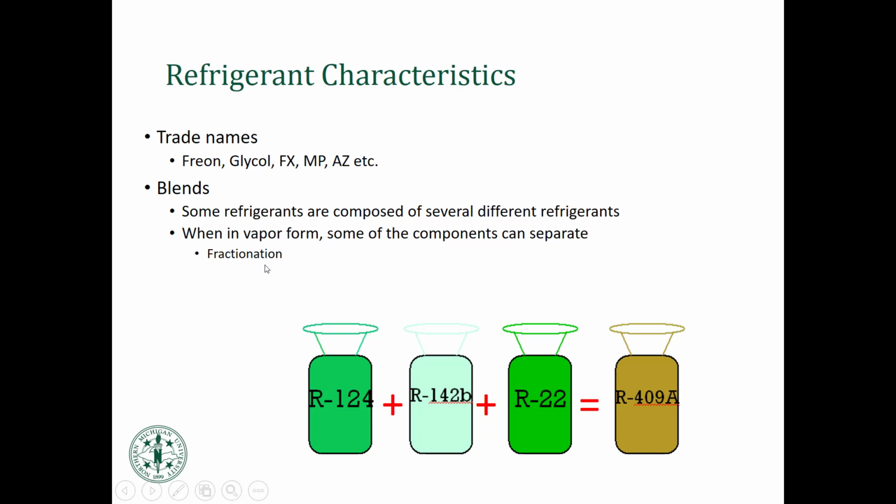A lot of them are blends from different refrigerants. So this example here would be an R124, an R142B, and an R22. A combination of different chemical components of that would create an R409A, which is one of the different types of refrigerants that are commonly used.